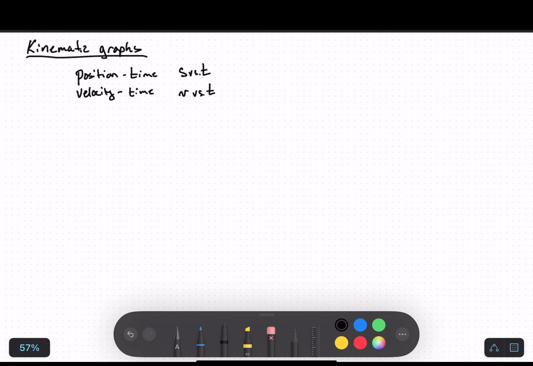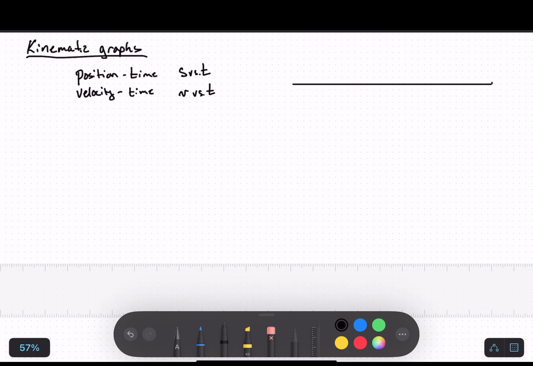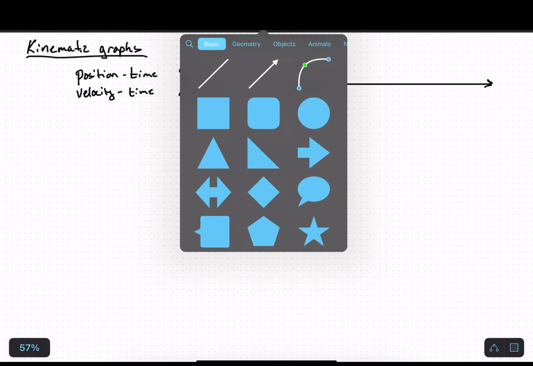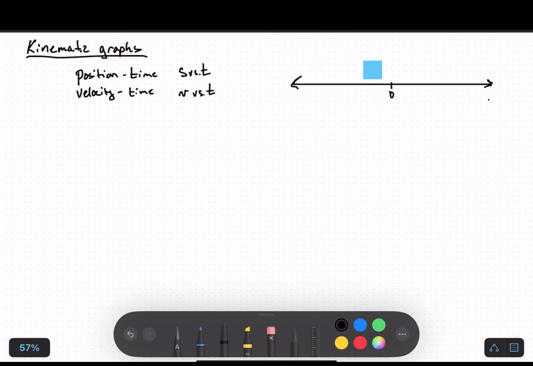Okay, and so we're going to start with position time, and here's our first scenarios. We're going to have a number line here, or a position graph, with just a one-dimensional one, and we have a box because we like boxes. Physics teachers love boxes. I'm going to move that over here. Okay, and we're going to start at position 0, and we'll have 5 meters over here and negative 5 meters over here.